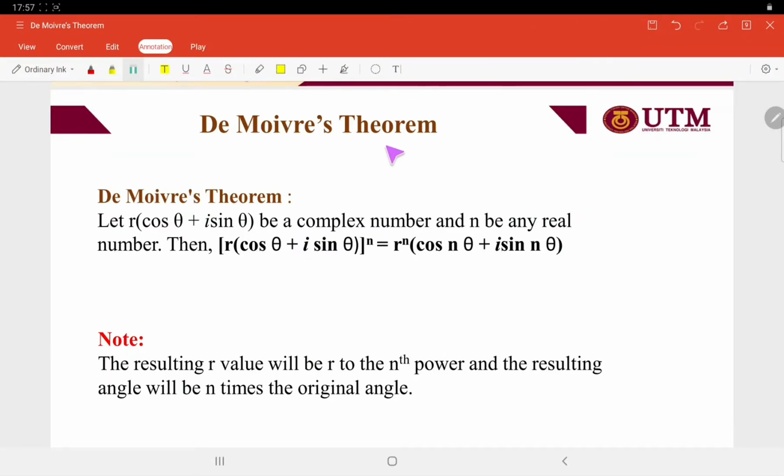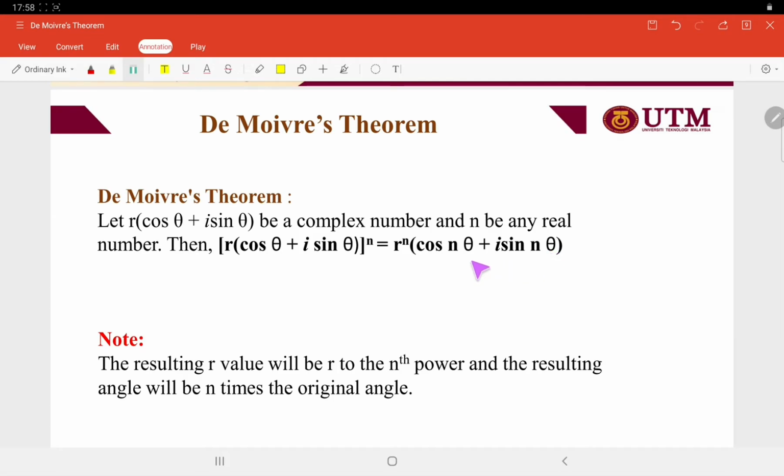So the De Moivre theorem states that if r(cos theta + i sin theta) is a complex number and n is any real number, then (r(cos theta + i sin theta))^n will be equal to r^n times (cos n theta + i sin n theta).